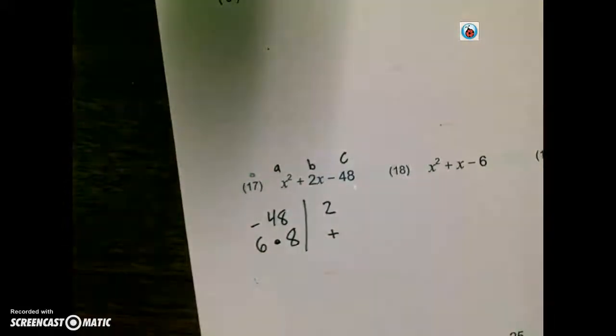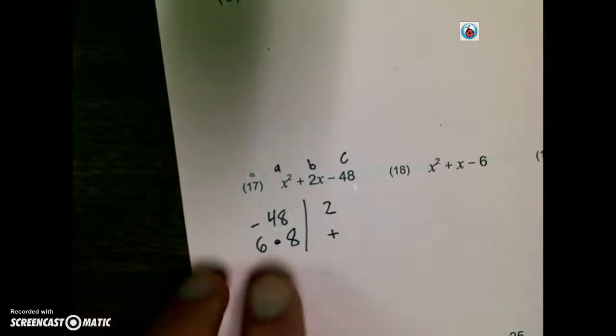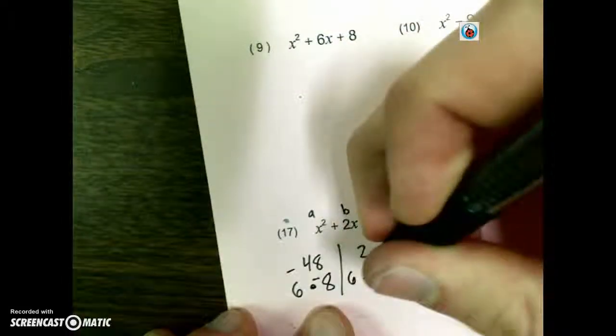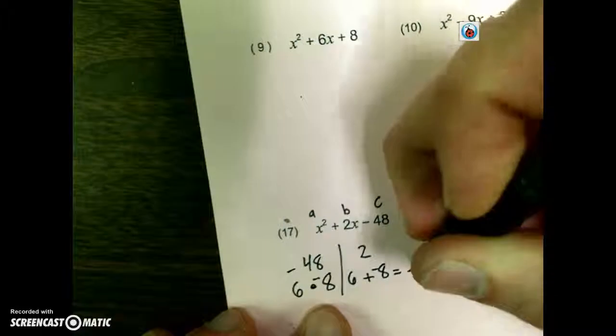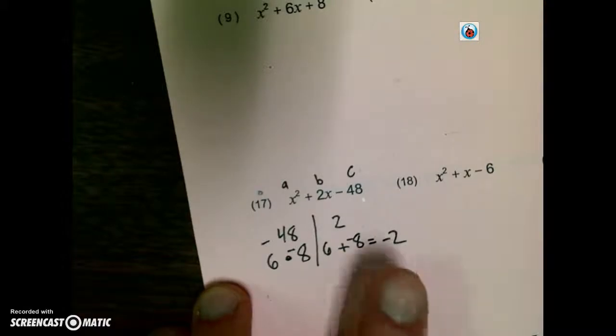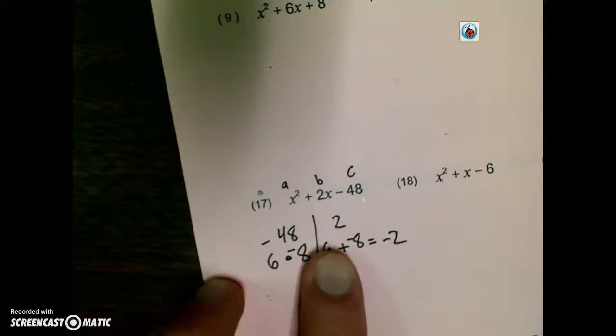Right? So say you tried to choose the wrong one, look what would happen. 6 plus a negative 8 gives me a negative 2. That's not the combination we need. So what that's telling us is we're close, because we got a negative 2, we need a positive 2.